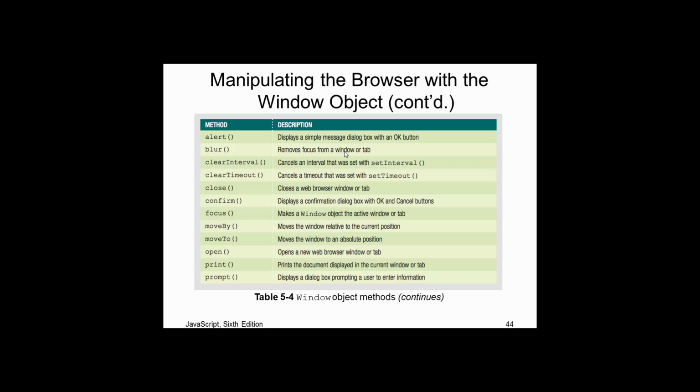Have you ever been to a website that causes a pop-up and the pop-up goes behind your other windows? That's a blur. If you have a pop-up that pops up and it goes behind another window, that's a blur. We're going to talk about timeouts and intervals and how those work.